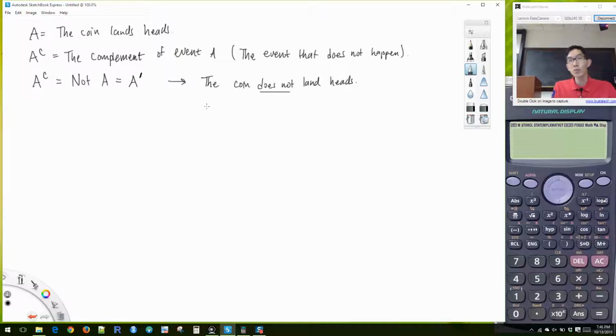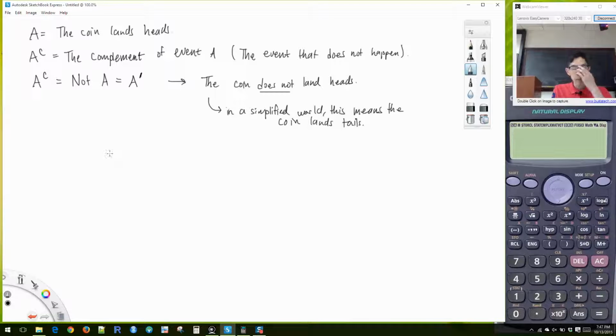We could simplify the world and say that in a simplified world this means the coin lands tails. But if we're talking about a complement directly, it just means not A, or not the coin lands heads. Is the distinction there clear?